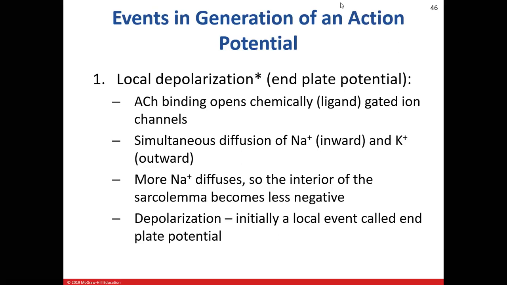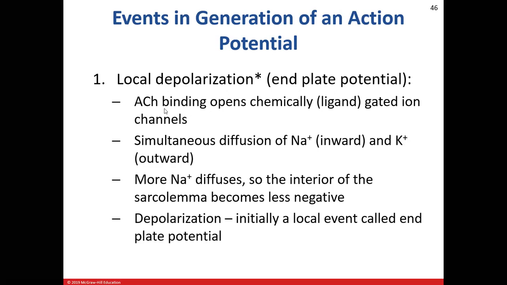We can have a local depolarization event which doesn't actually reach threshold. Let's say it goes from minus 70, which is our resting membrane potential, to minus 60. That's a depolarization because it's making the cell more positive, but it's not enough to cause an action potential. And when we get these local depolarization events, we call this an end plate potential.